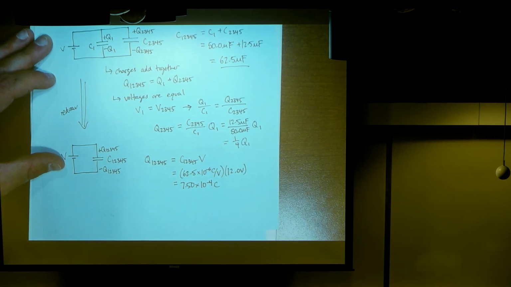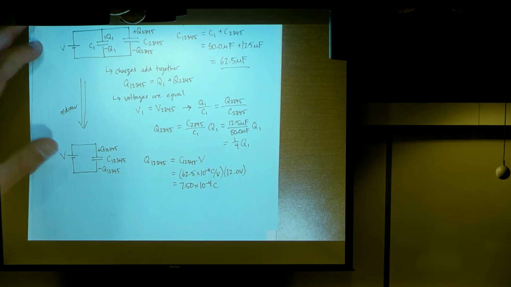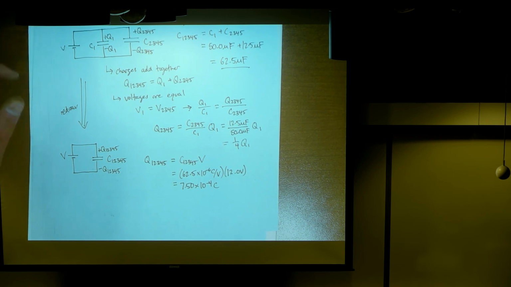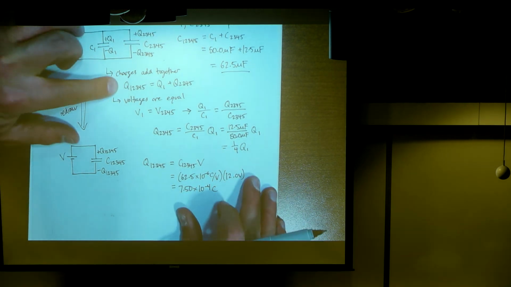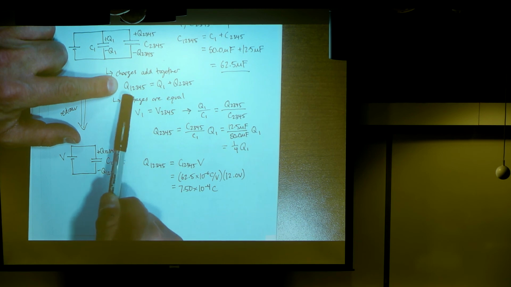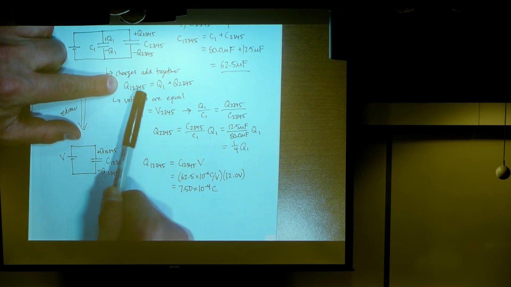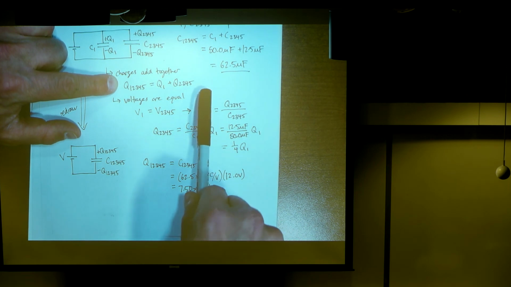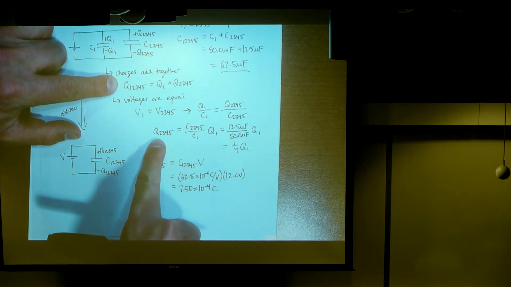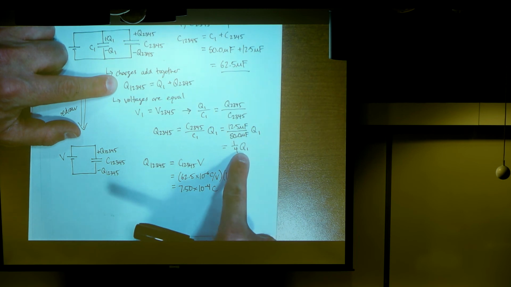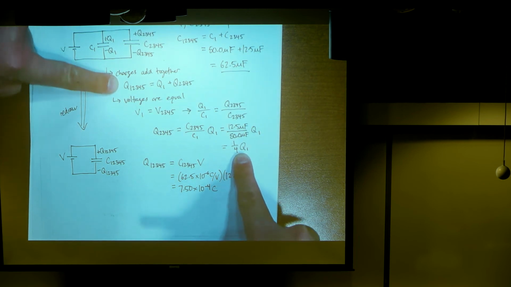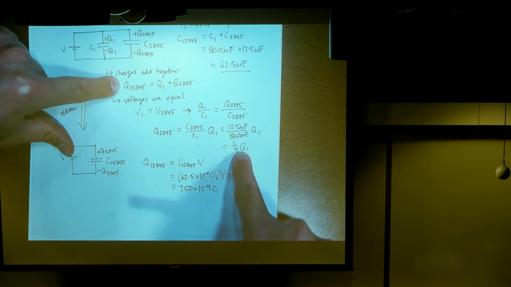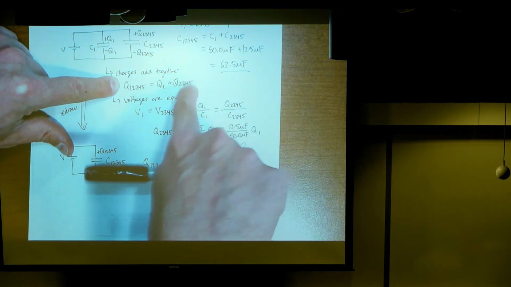Okay. All right, so here's what we're going to do next. I'm going to take this equation right here, which says Q1, 2, 3, 4, 5 equals Q1 plus Q2, 3, 4, 5. But for that second charge, I'm going to replace that with a quarter Q1. Does that make sense? So if you look at these two equations, I can sub in 1/4 Q1 right here.